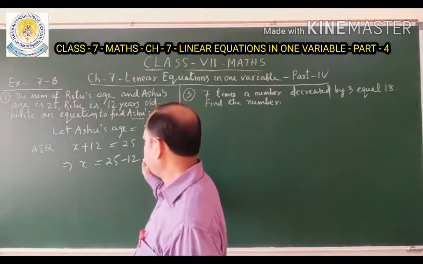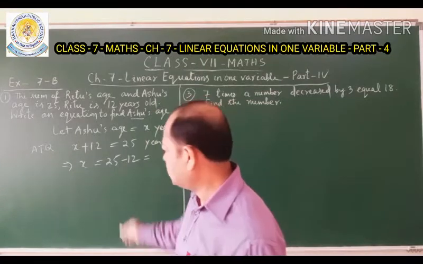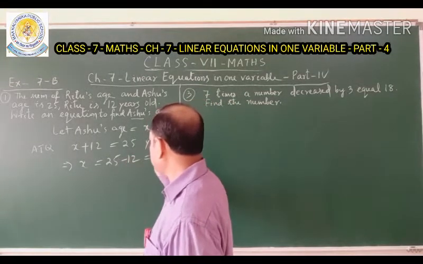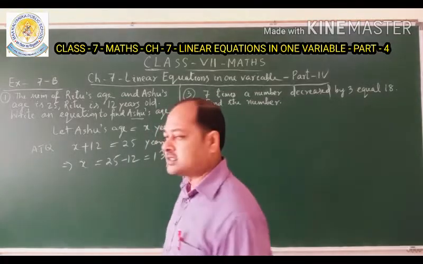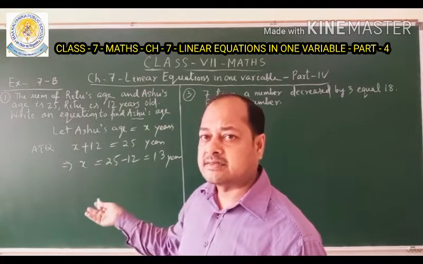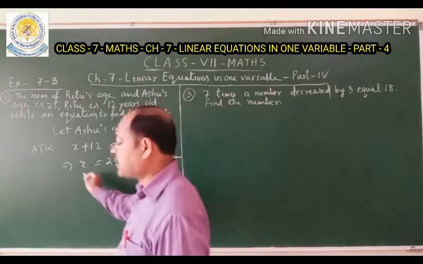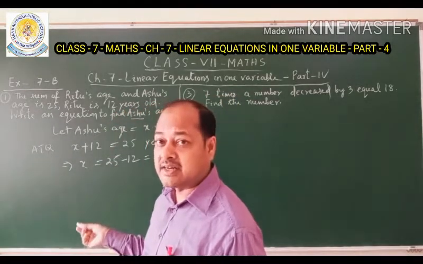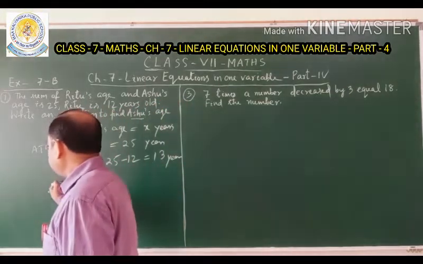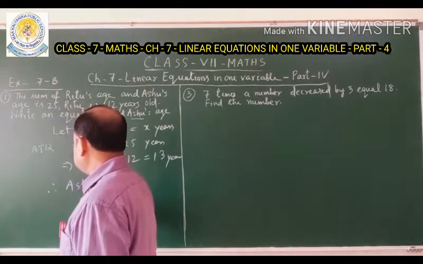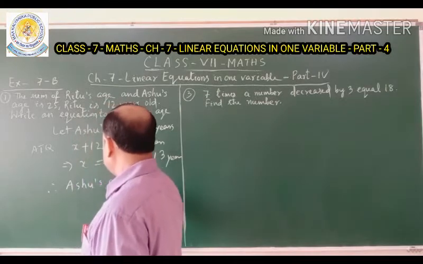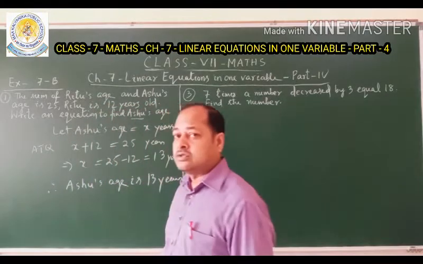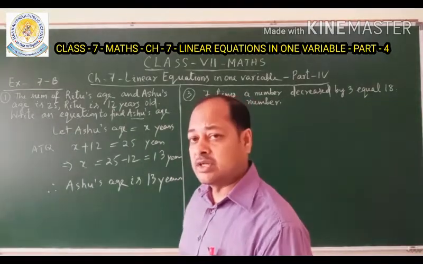So 25 minus 12 is 13 years. We got x as 13 years, and x is Asu's age. Therefore, Asu's age is 13 years.